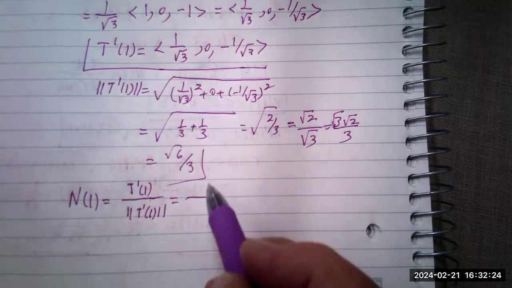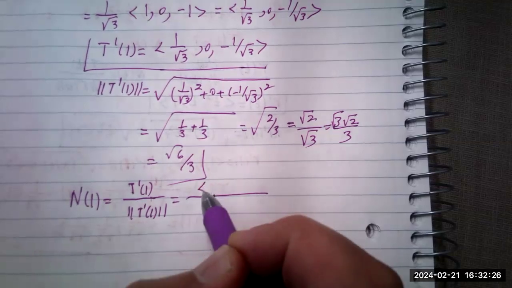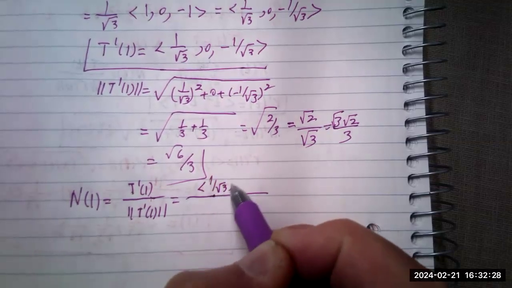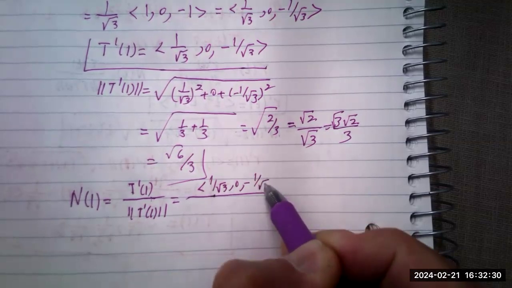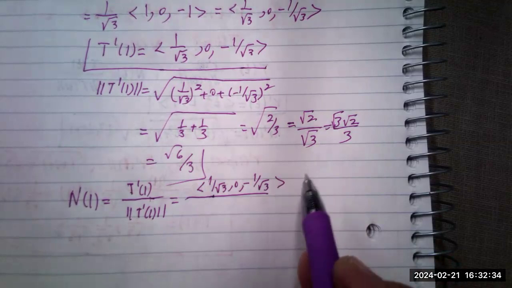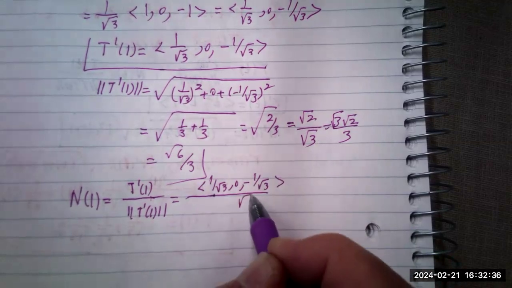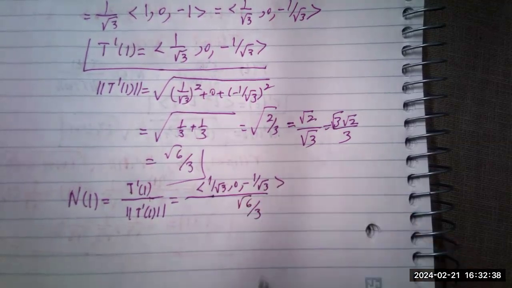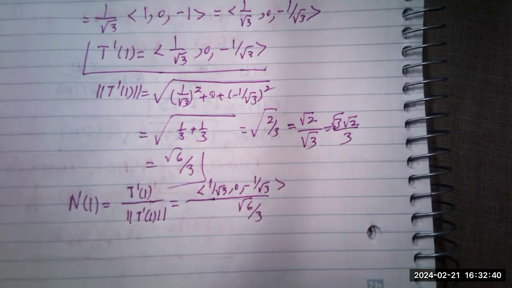T prime of 1 is this vector, 1 over radical 3, 0, and negative 1 over radical 3. And the bottom one is radical 6 over 3. If you didn't simplify that, it would be better. You have to use the reciprocal and put it up there to be able to get these numbers.